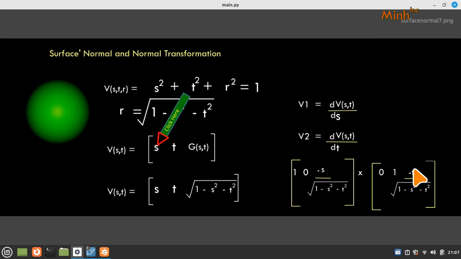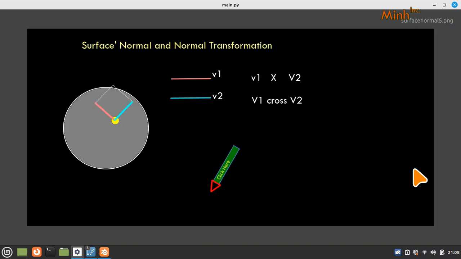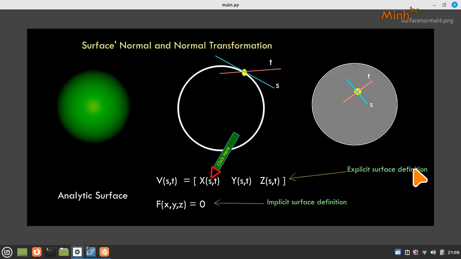So this would be S in the X direction, T in the Y direction, and any function g(S,T) in the Z direction. V(S,T) equal to (S, T, g(S,T)). We are talking about explicit differentiation. So X, Y and Z depend upon these variables S and T.